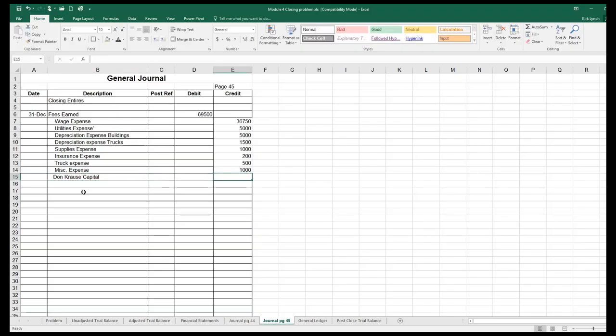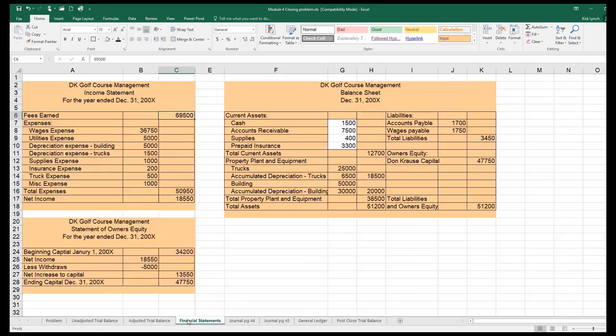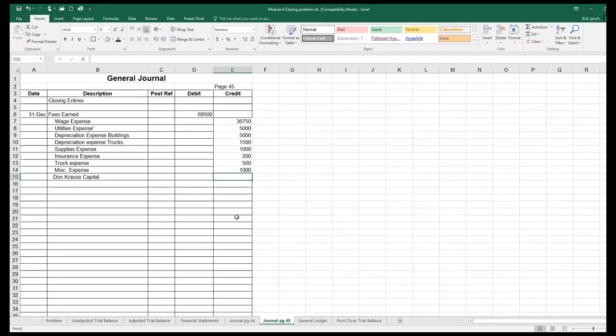And the amount here is the amount of net income, 18,550. So in here we're going to credit 18,550. So that's step one of the closing process. Zero out your revenue expense accounts and close net income to the capital account.